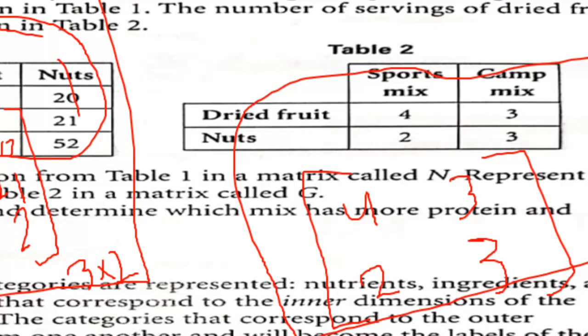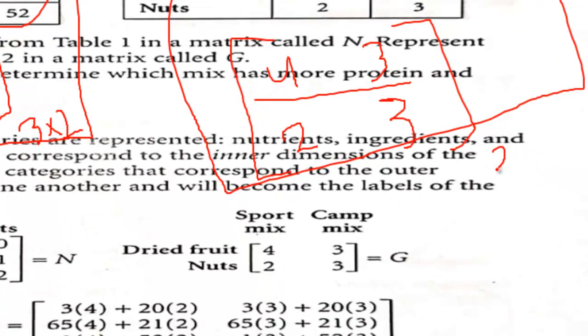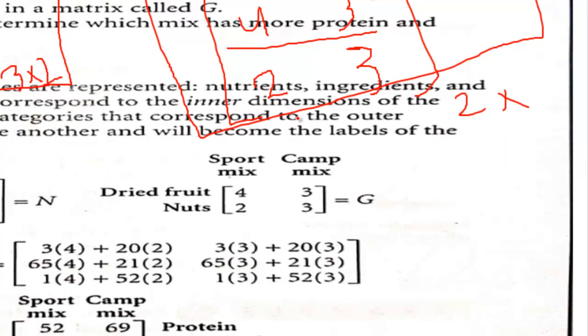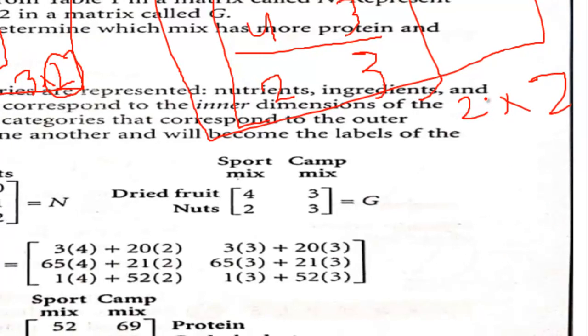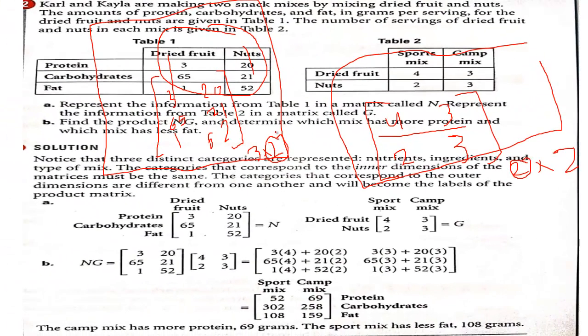Now this matrix has 2 rows, so 2 times how many columns? We have 2. So the second number of the first matrix is 2, and the first number of the second matrix is 2. So both numbers are equal, so the multiplication can be done.